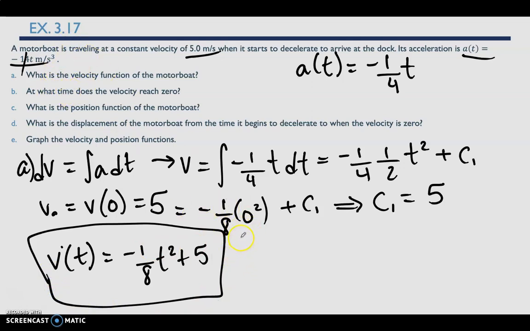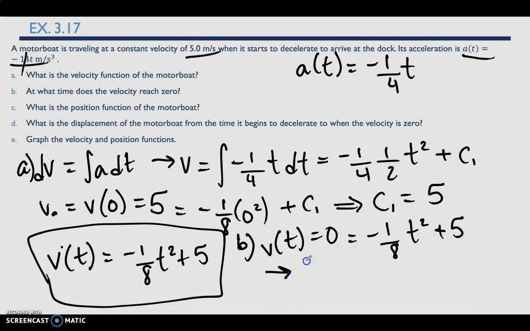Now part B states, at what time does the velocity reach 0? So we want to find out where the velocity is equal to 0. Okay, so what we do is we just equate that to our velocity equation here, negative 1/8 t squared plus 5, and solve for time.